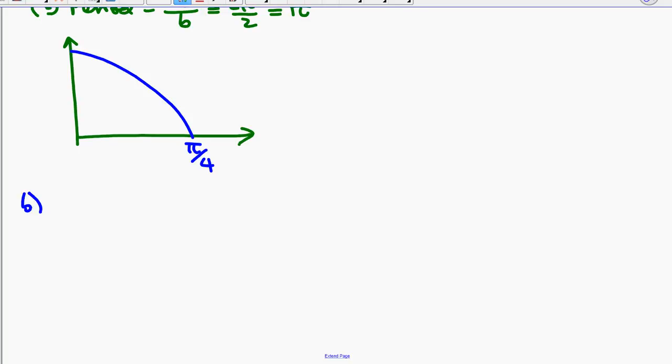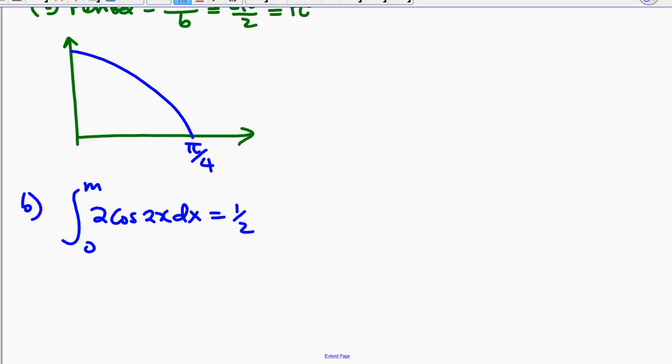So part B, to get the median, we use this formula, the integral from 0 to m of 2 cos 2x dx. Just integrate the function, and that should be equal to a half.